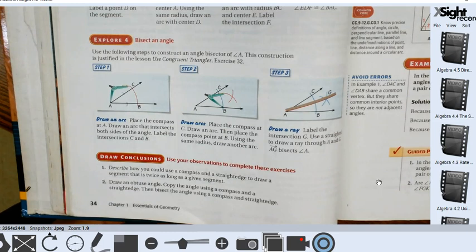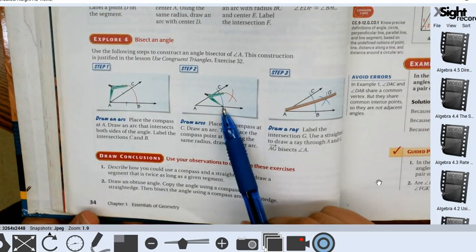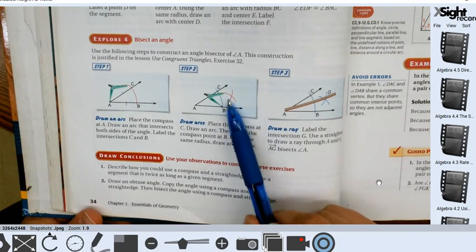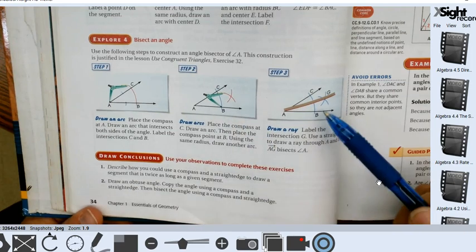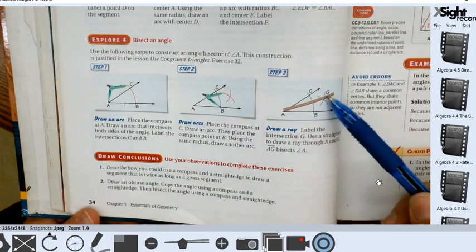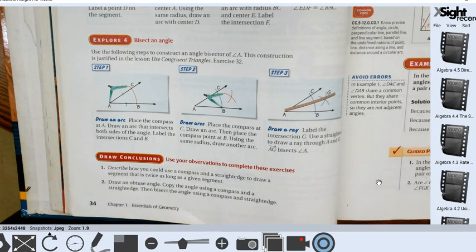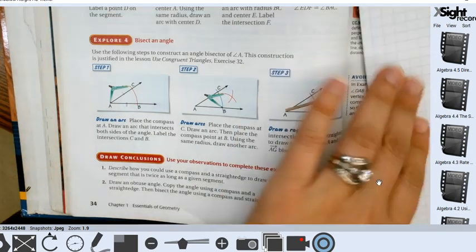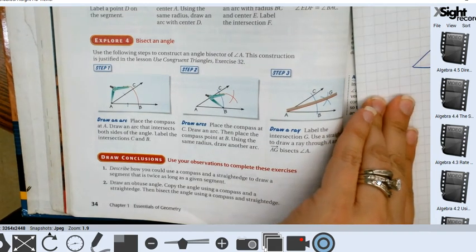All right, and then we move our mark to here and we go arc, arc. So we know that these two are going to be congruent. From B to G and from C to G are congruent, correct? So let's kind of just write this out. So if I have it, just to kind of show you guys.